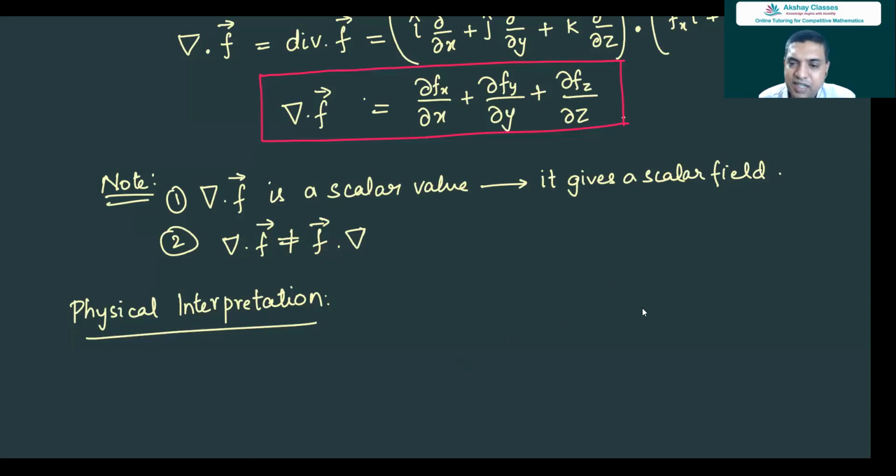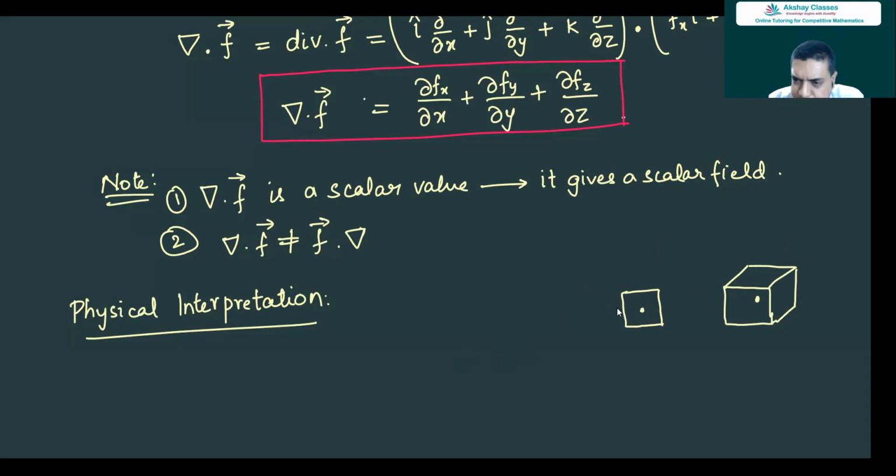Now, divergence at a point: you take a small region, this may be a three-dimensional region. It need not be a two-dimensional region. It can be a 3D region around that point.